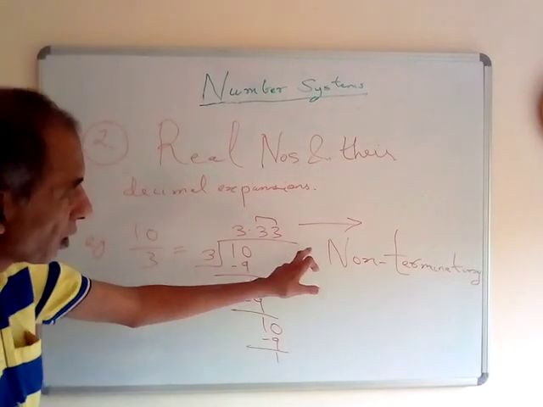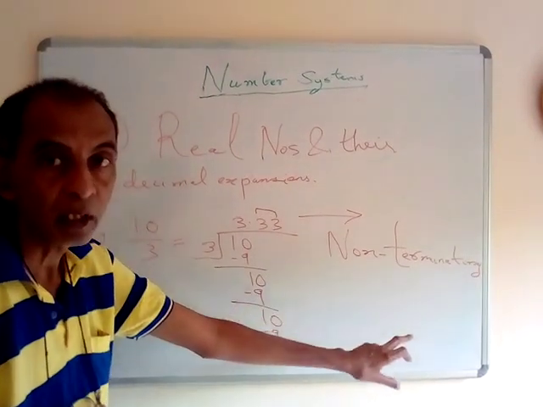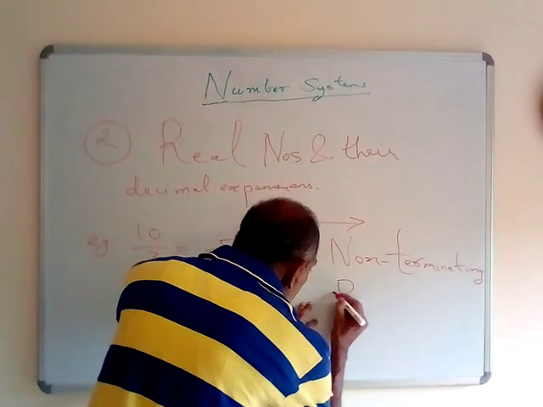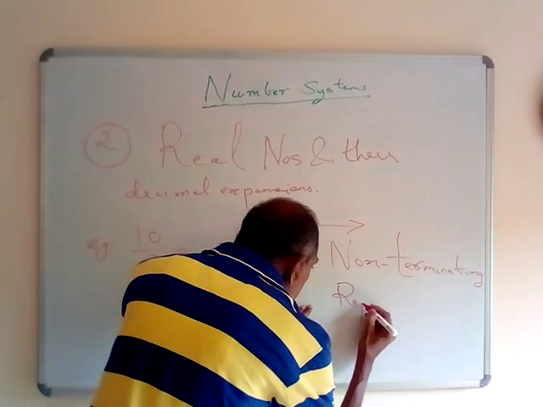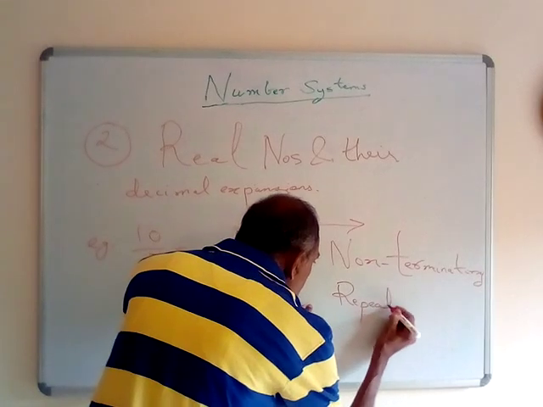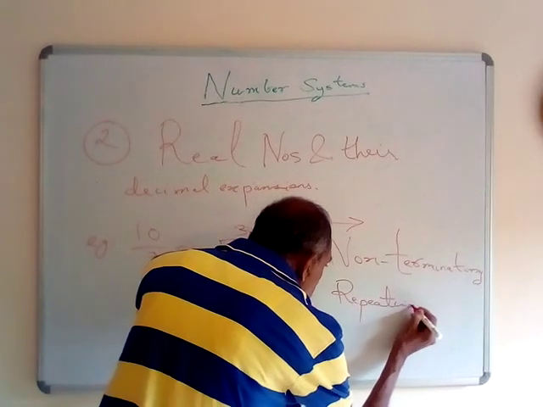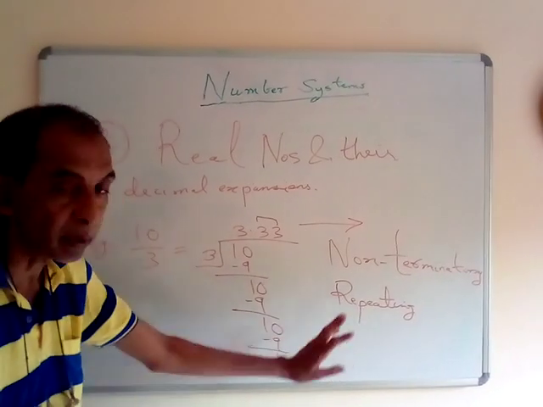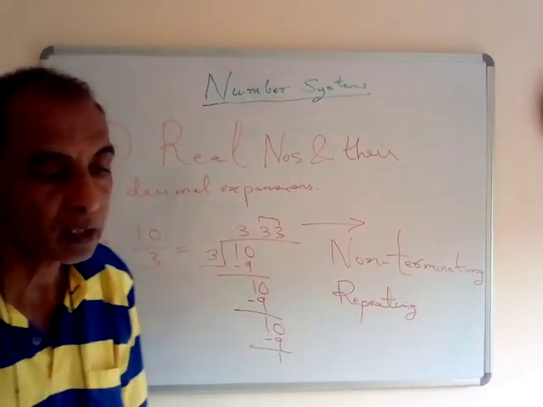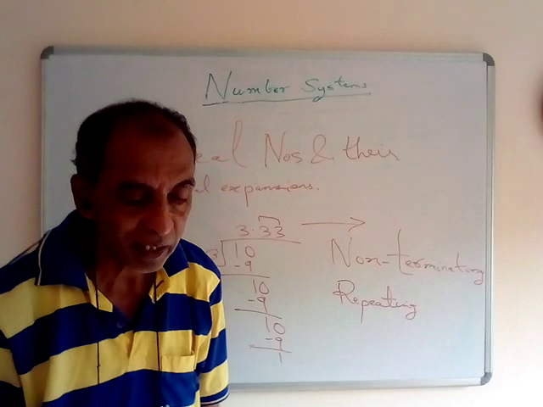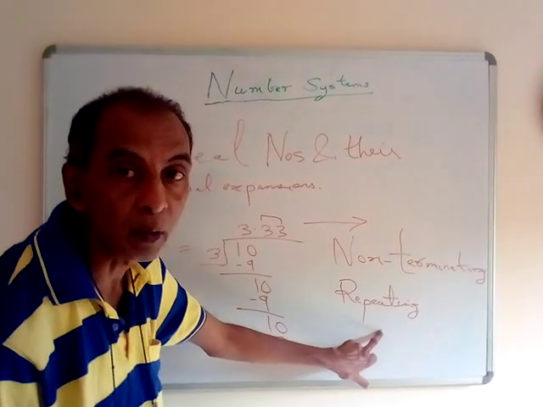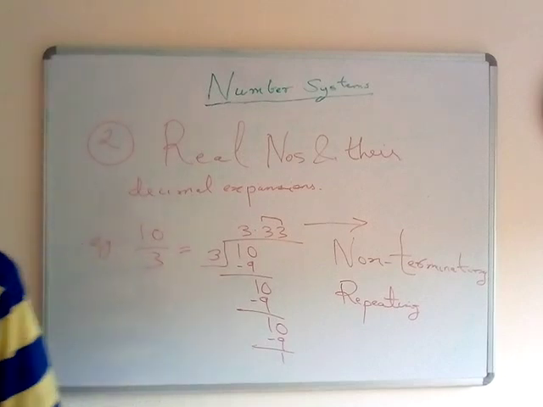So this is a non-terminating but repeating type of example for decimal expansion, non-terminating, repeating. Then we'll see the next, wherein it will be non-terminating as well as non-repeating. Both will be there. Non-terminating, non-repeating.